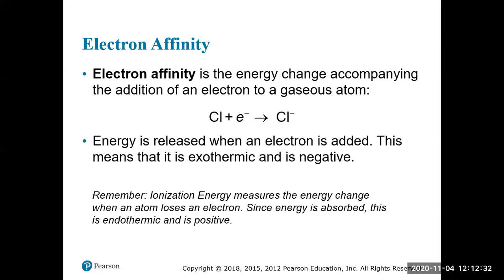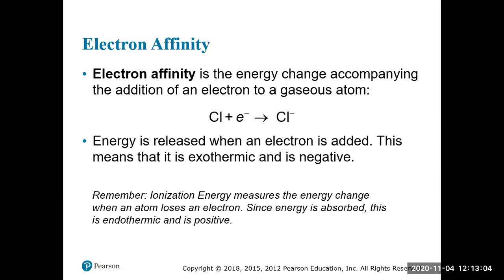And that's the energy change that you get when you add an electron to a gaseous atom. So the example here is we have chlorine plus an electron to give us chloride ion. When you pick up that electron, energy is released. Since energy is given off, we know that that's exothermic, and we know that that heat flow is negative.